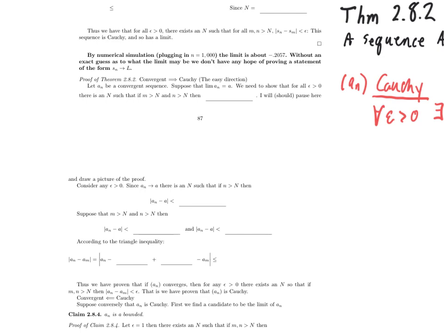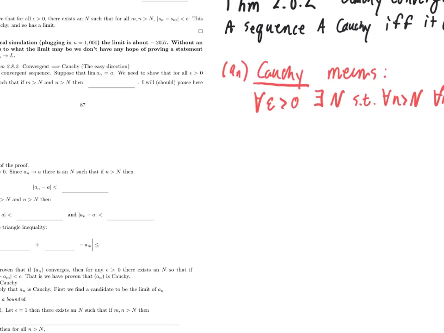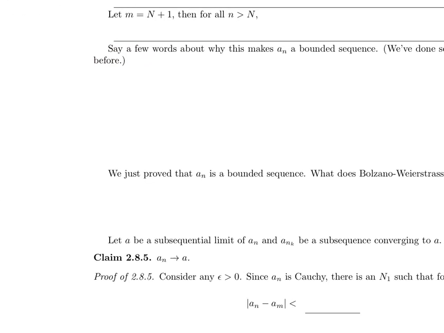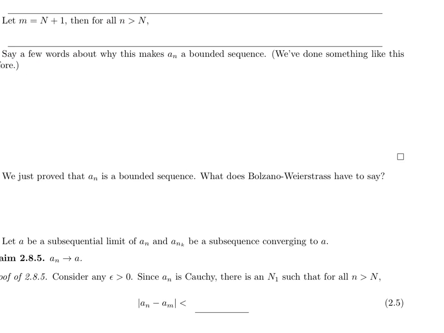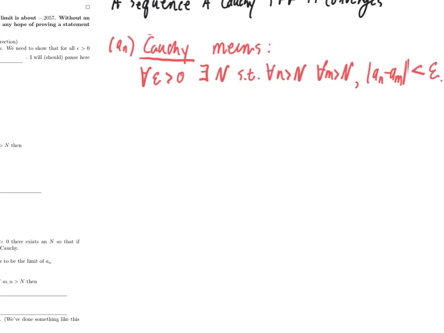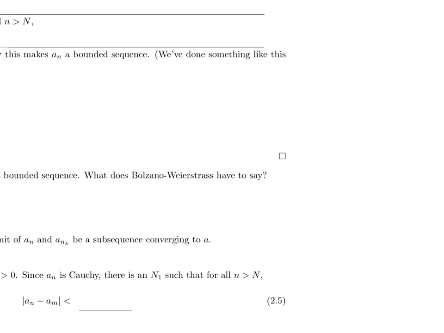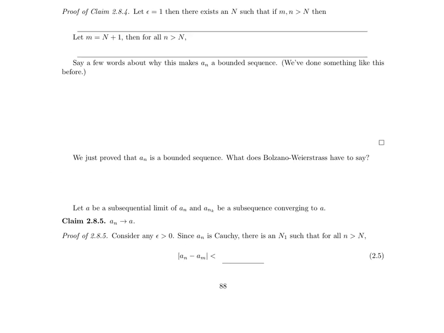So let's do it. So presumably it'll be very easy to show if a sequence is convergent, then a sequence is Cauchy. And in fact, maybe I'll sketch a picture of the proof of the forward direction right here. A picture of convergence implies Cauchy.